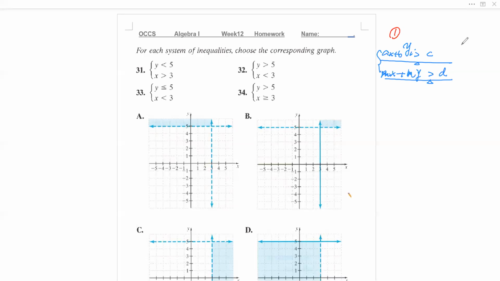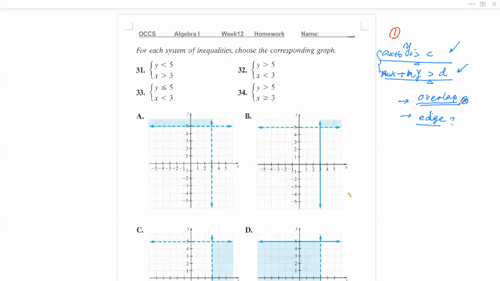What we need to do is graph each of the inequalities first, and find their overlapping area. The overlap area is one part. We also need to consider their edge, whether they include the edge or not.